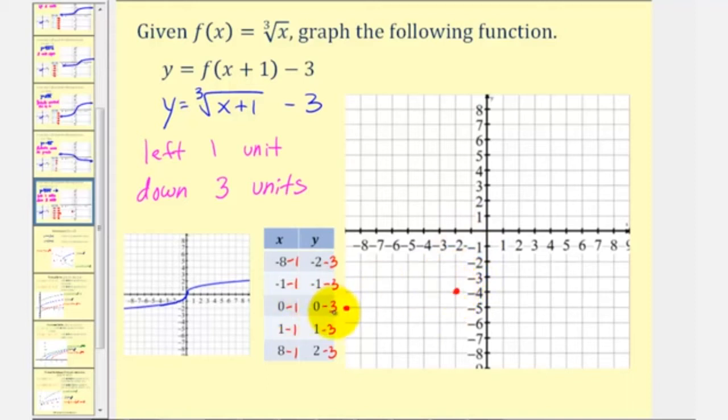And then we have negative 1, comma, negative 3. And then we have 0, comma, negative 2. And then we have 7, comma, negative 1. Here's a graph of our function. Comparing this to the basic cube root function, notice how it has been shifted left 1 unit and down 3 units.